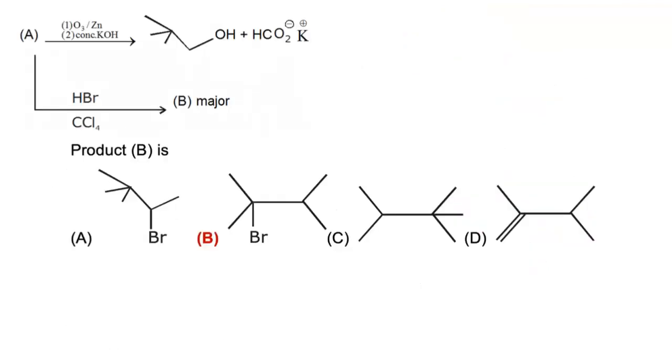In this question we have to identify major product B, but to identify B we have to find reactant A. Reactant A on reaction with zinc and oxygen, meaning reductive ozonolysis, and after that reacted with concentrated KOH, forms these two products.